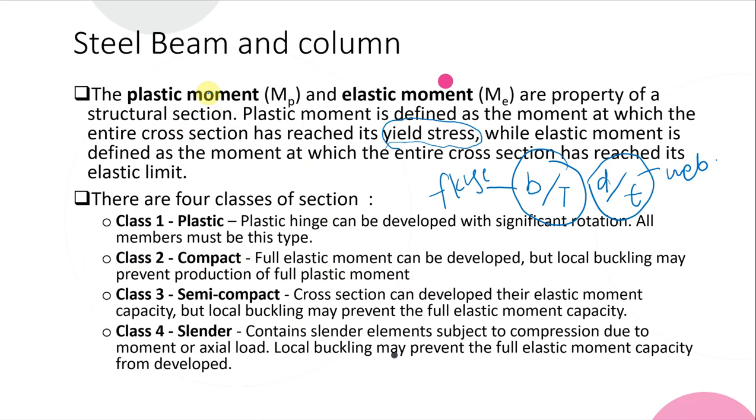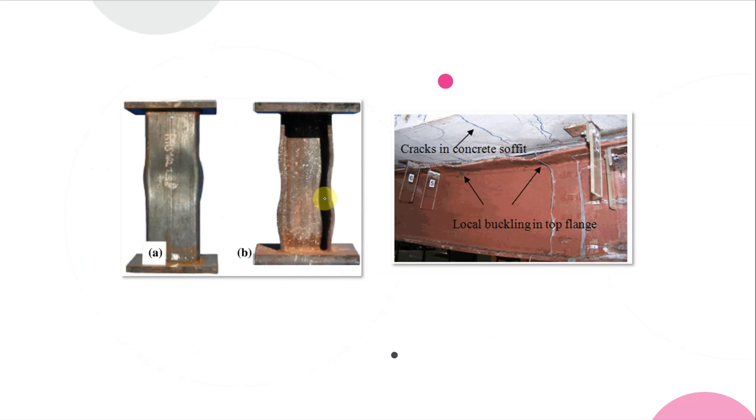So local buckling ni maksud dia ini. Confuse sikit lah benda ni. Okay, local buckling, if you see here, this is local buckling. Okay, ini kalau dekat web. Kalau dekat flange, okay, you akan nampak dia macam ni. Okay, so this is kind of local buckling.